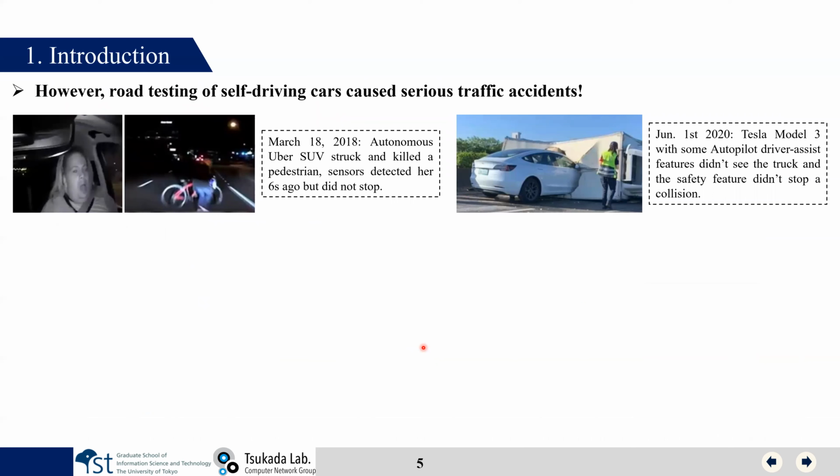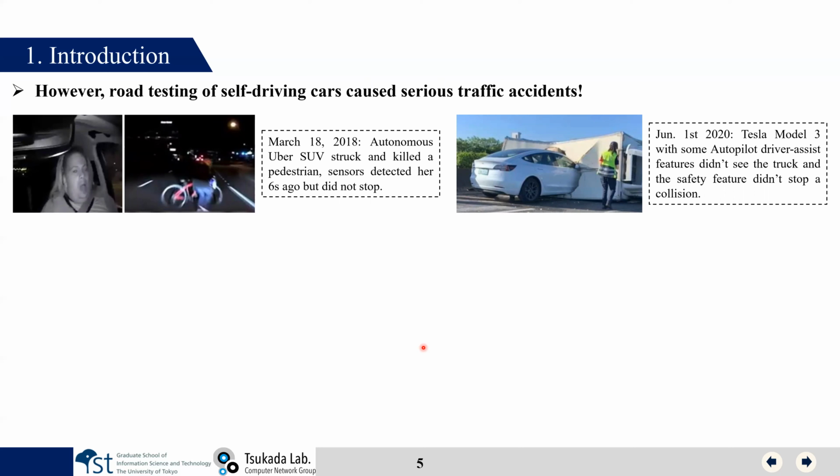However, road tests of several autonomous vehicles have caused serious traffic accidents. Back in 2018, an autonomous Uber SUV struck and killed a pedestrian. Sensors could not detect her until 6 seconds before the vehicle recognized this woman.